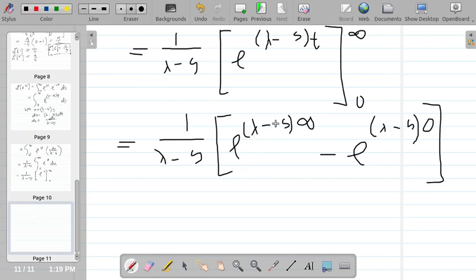So e raised to the power of infinity is just equal to 0. Then e raised to the power of any constant multiplied by 0 is just equal to 0. So e raised to the power of 0 is equal to 1.